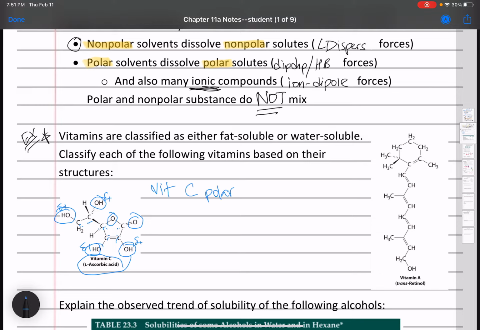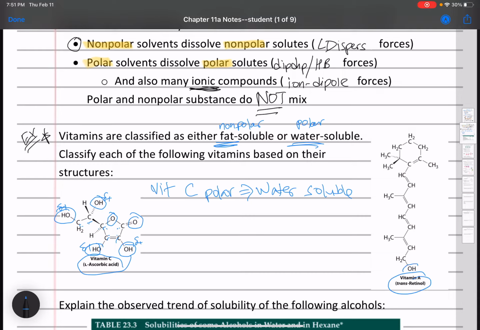And what else is very polar? Water. So vitamin C is going to be water soluble. Very soluble in water. Fat, on the other hand, is not soluble in water. Fat is nonpolar. Water is polar, fat is nonpolar. So let's look at vitamin A over here.